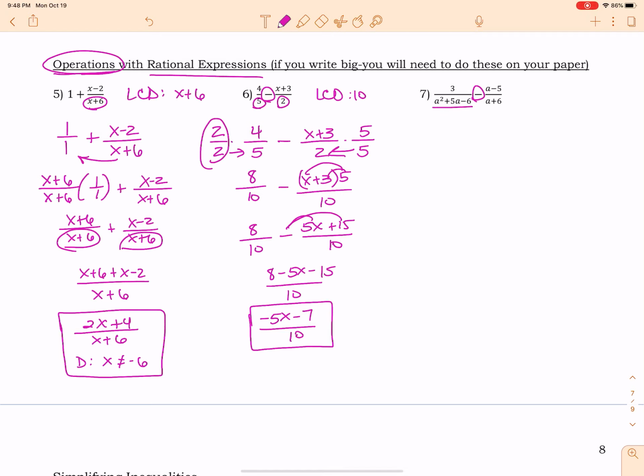I need to factor this. This is going to be 6 and 1 this time because of my signs. So my LCD is going to consist of an a plus 6, which takes care of that one and that one, and an a minus 1.